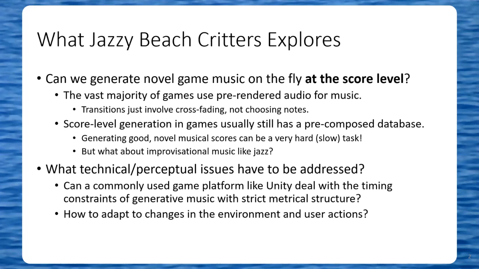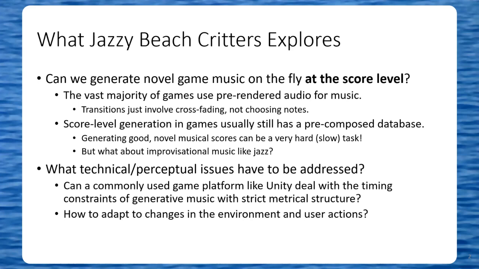In the context of a game, that imposes time constraints that don't exist for generative music in the broader sense. If you can generate, say, a chorale in the style of Bach within 2 or 3 seconds, that's a really good speed in the field of generative music, but it's too slow for an adaptive game soundtrack.